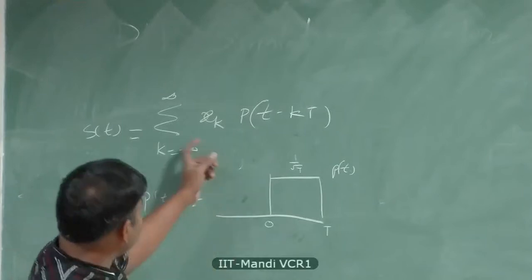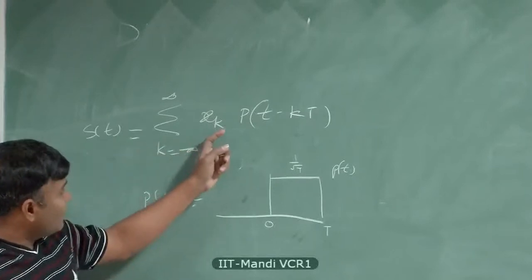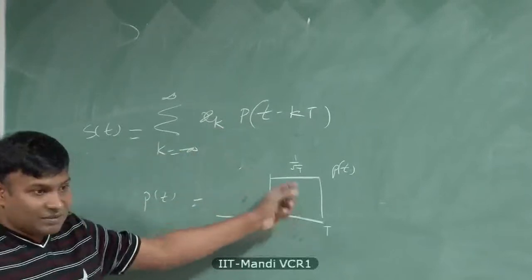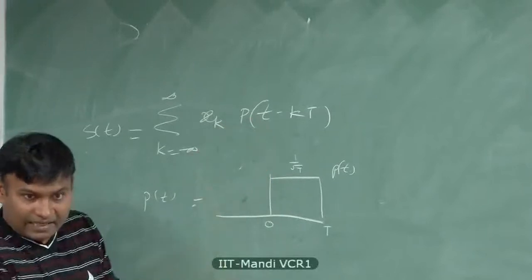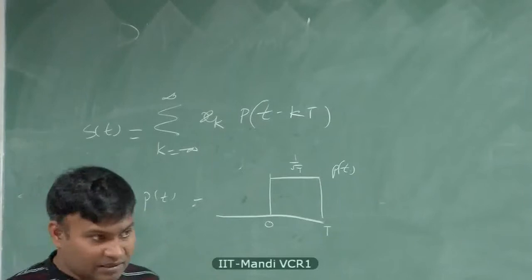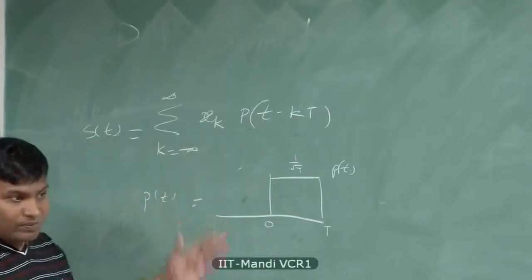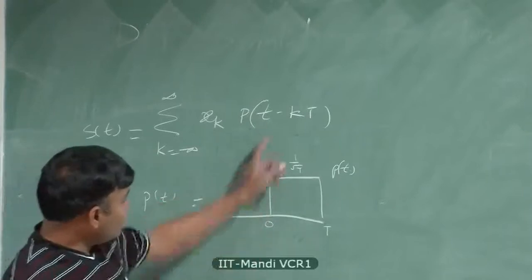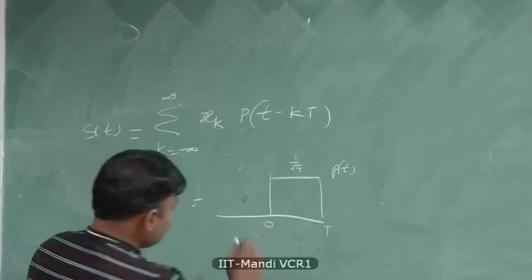Okay, maybe you have not seen this in this form, because sometimes in the books they only transmit X_k as a single snapshot. Here I am concatenating all of them as a continuous waveform. That's how it should be represented, because p(t) need not be confined to 0 to T. It can span beyond.